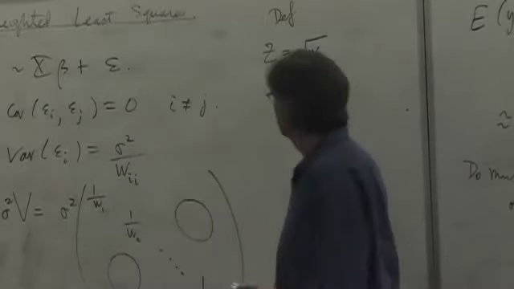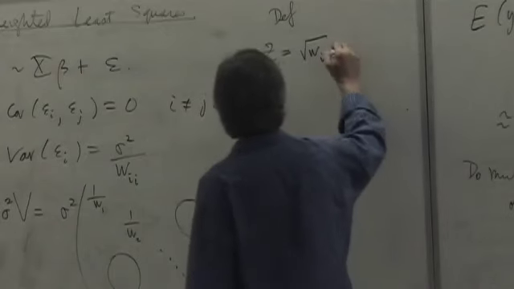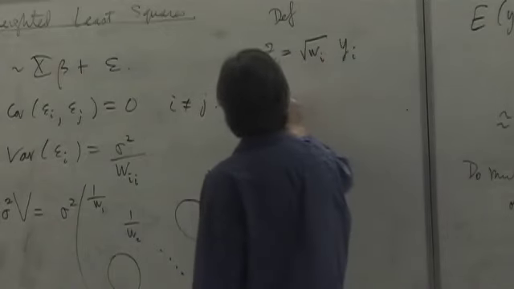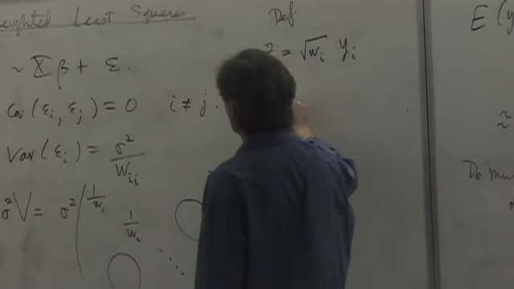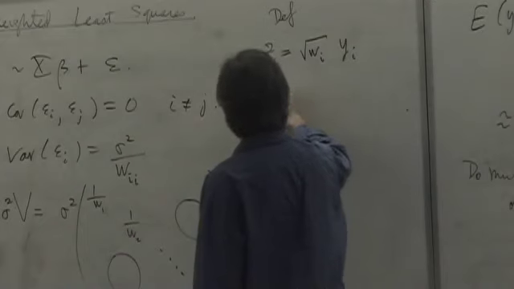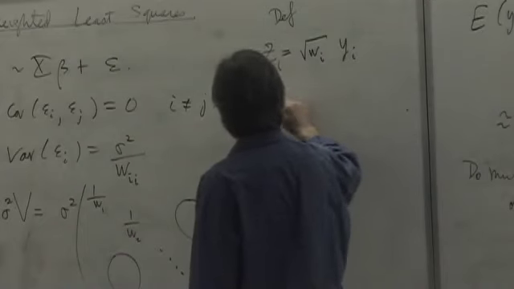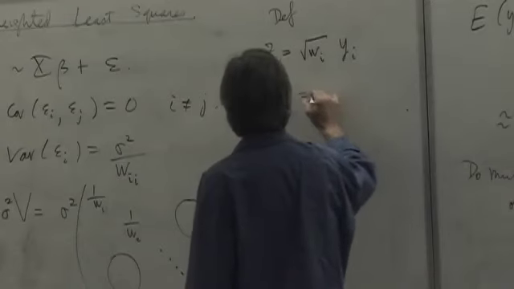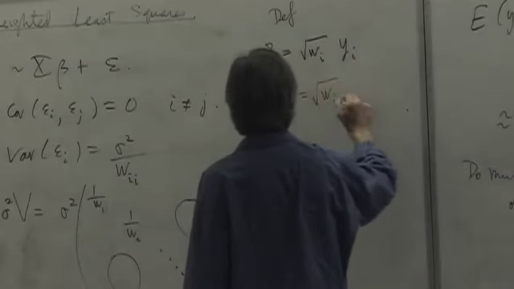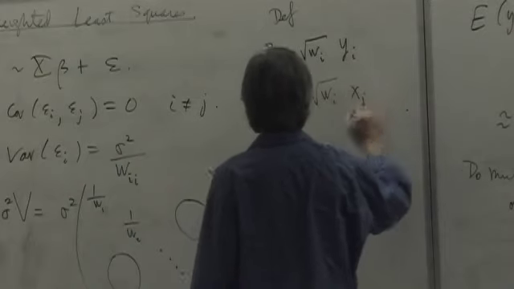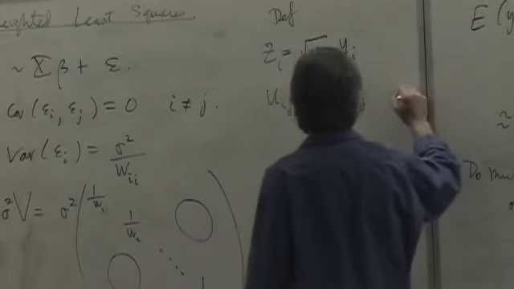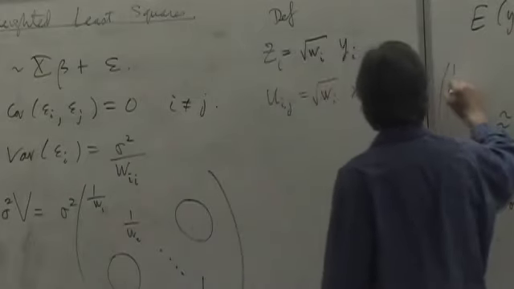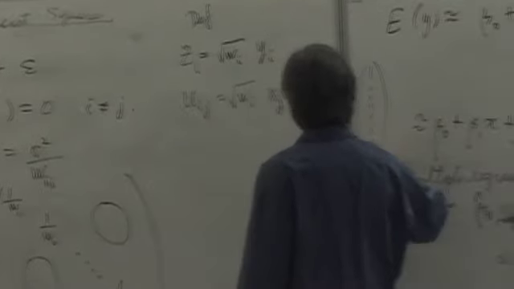z_i equals the square root of w_i times y_i, and I don't change the betas at all. I'm going to define new regressors u_ij equal to the square root of w_i times x_j, where x_0 I'll take to be the column of ones, the intercept.